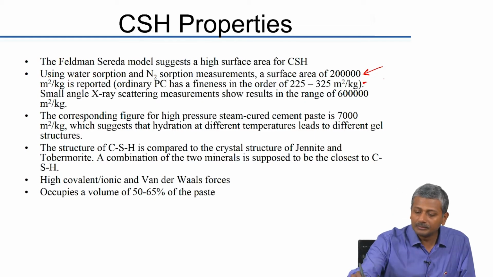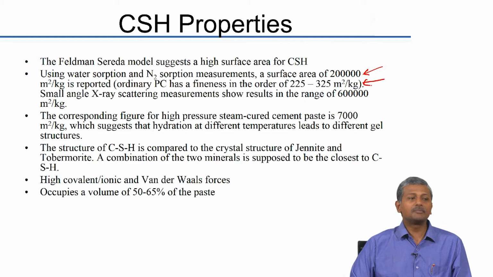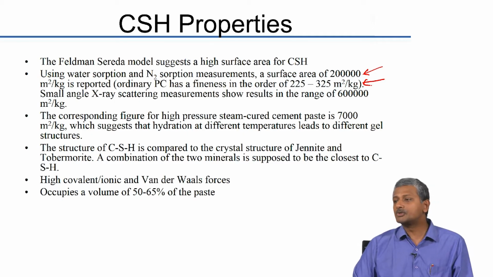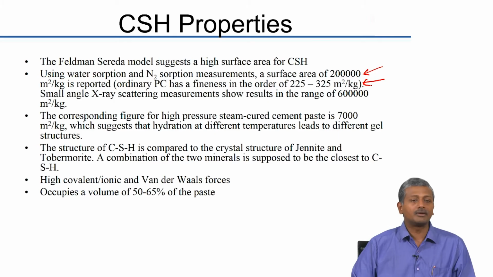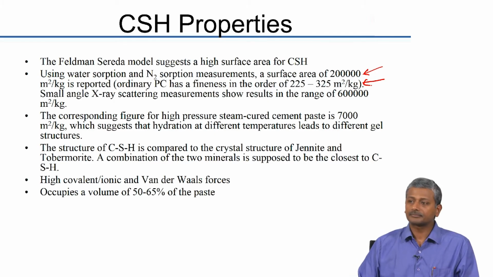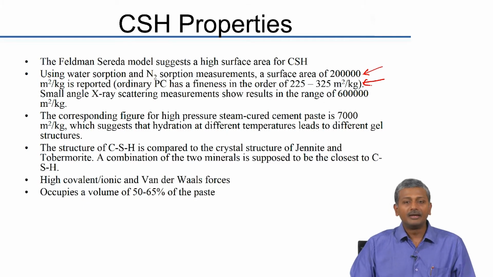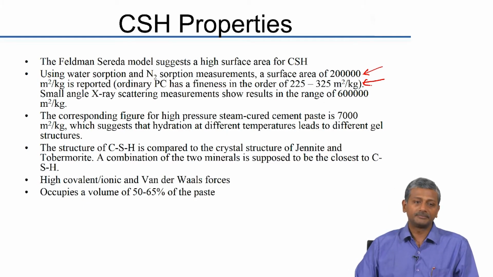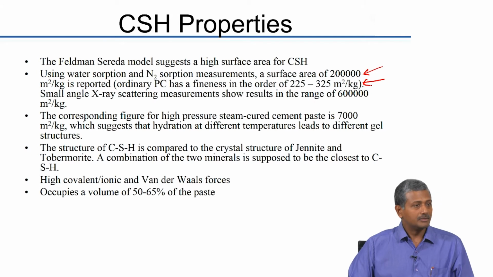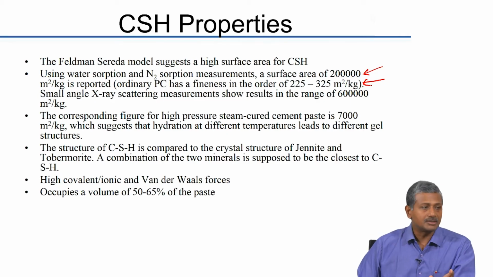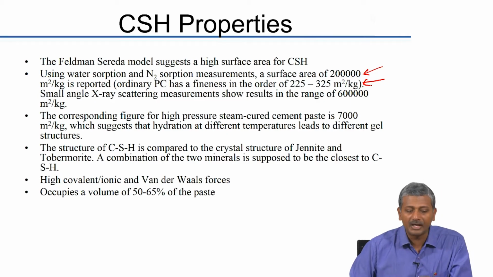You know that using Blaine we associate the Portland cement to have a surface area of about 225 to 325 square meters per kilogram, more typically around 300 square meters per kilogram. So you see here CSH is a completely different entity as compared to your average cement particle, because the cement particles are 3-dimensional granular objects, whereas CSH is a sheet, because of which it has an extremely high surface area.